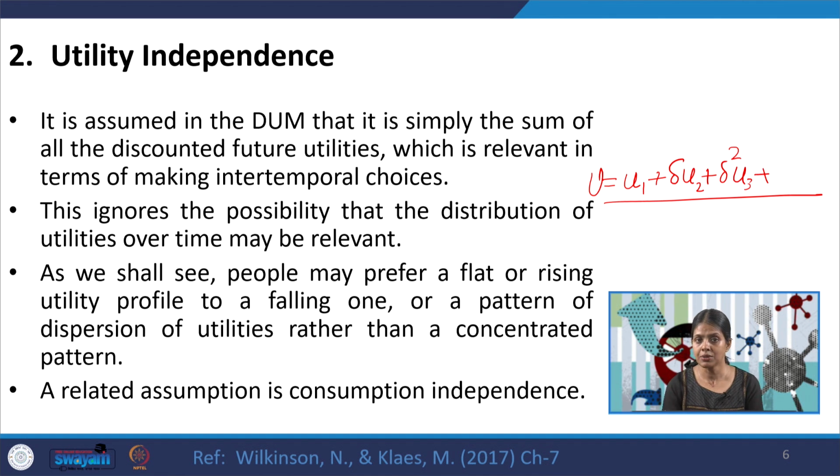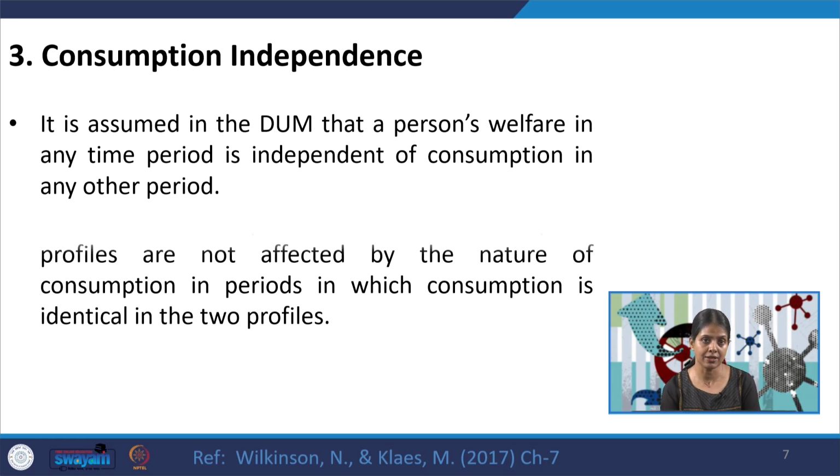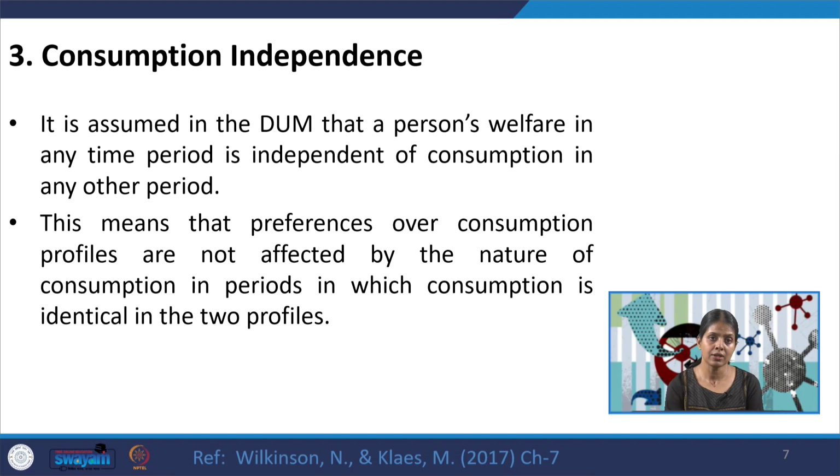A related assumption is consumption independence. So, what is consumption independence? It is assumed in the DUM that a person's welfare in any time period is independent of consumption in any other period. This means that preferences over consumption profiles are not affected by the nature of consumption in periods in which consumption is identical in two profiles.